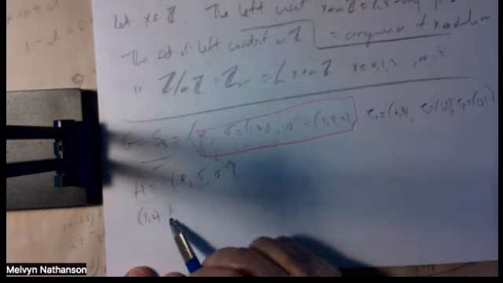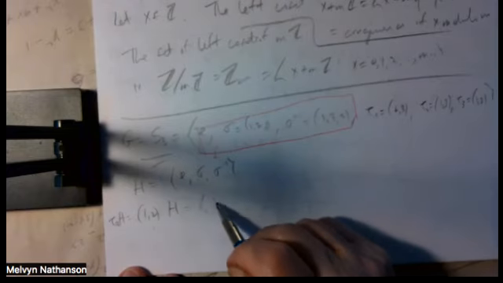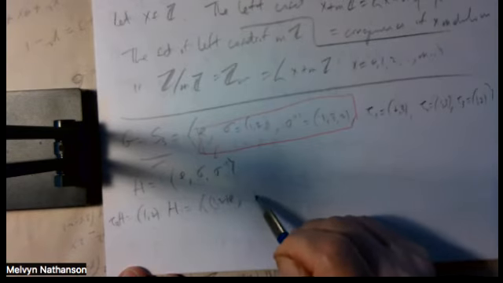Let's calculate the left cosets. So the left coset (1 2)H, so this is tau 3 H. Tau 3 is the transposition (1 2). (1 2) times H. So this is (1 2) times the identity, (1 2) times sigma, and (1 2) times sigma inverse.